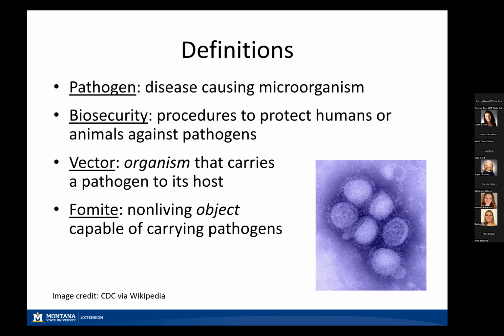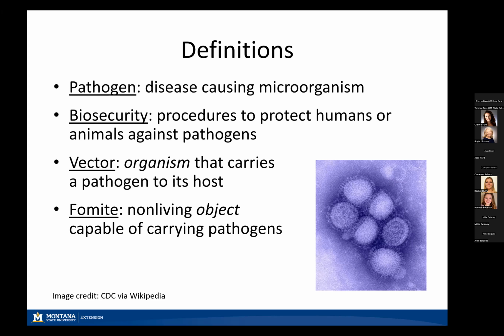And just a couple basic definitions. Of course, a pathogen is a disease-causing microorganism. We already said biosecurity are those procedures to protect humans or animals against pathogens. A vector is an organism that carries a pathogen to its host. So that would be a wild bird, a rodent, certain insects, other nuisance animals, like coyotes and whatnot that may get an infected carcass and take it somewhere and expose it.